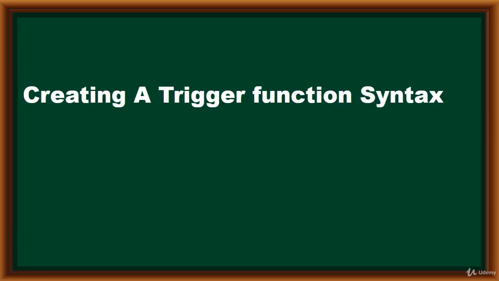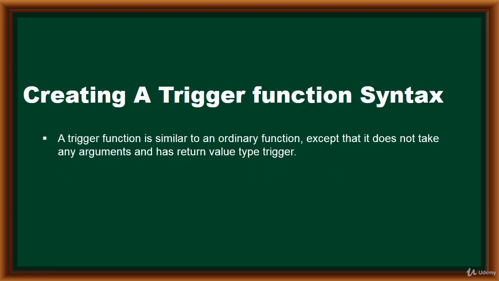So let's take a look at the syntax you would use to create a trigger function. A trigger function is similar to an ordinary function, except that it does not take any arguments and has return value type trigger. So this is a typical syntax of how to create a trigger function.